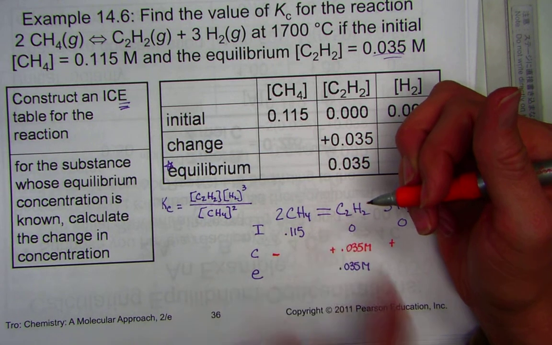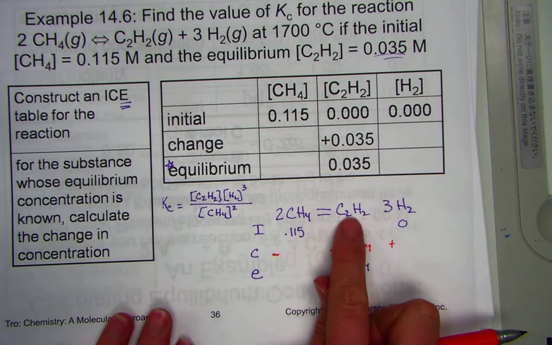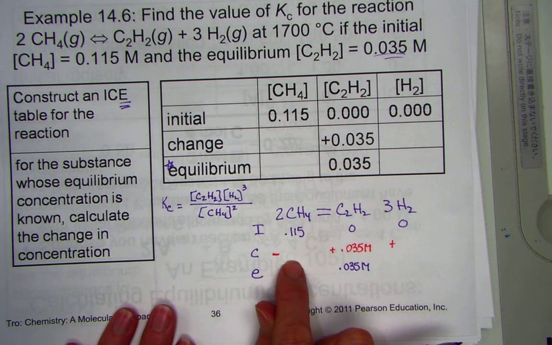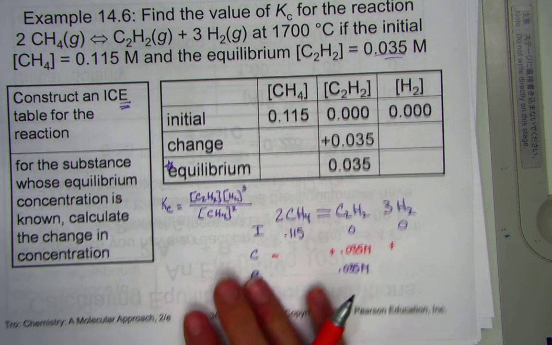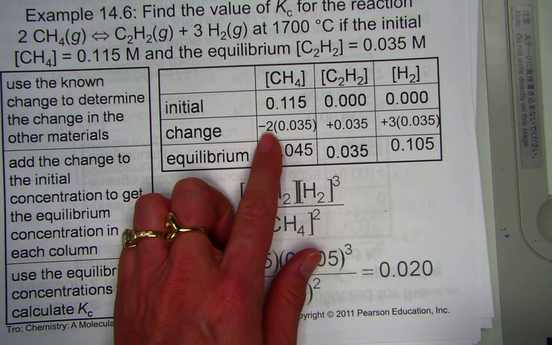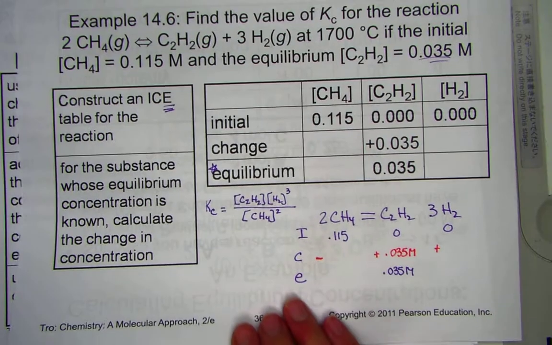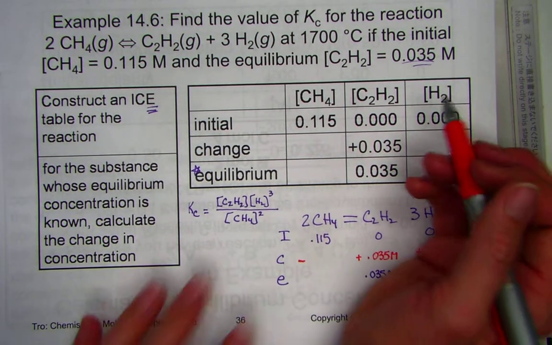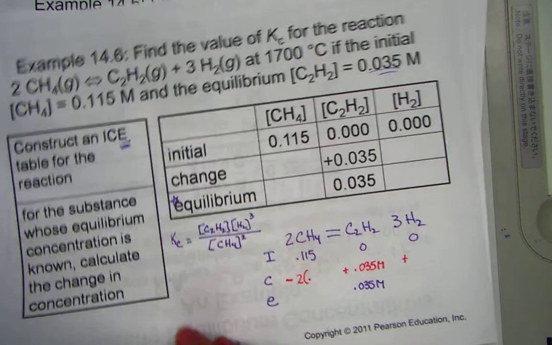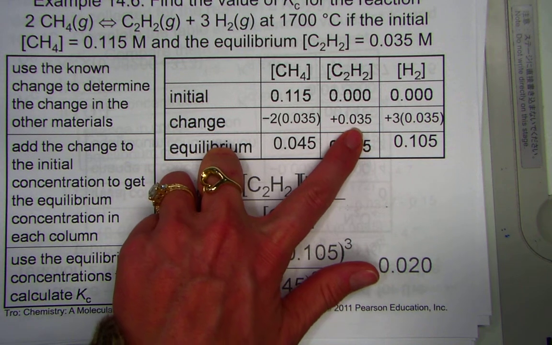Think about it as a stoichiometric ratio of want over given. Want over given. One half of 0.115 was used during that reaction. Notice here, it's going down by the coefficient of a 2. And again, just peeking ahead, that original amount of 0.035, that's how much was made here.